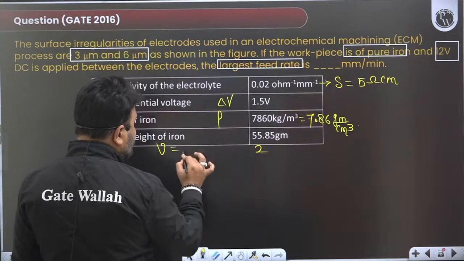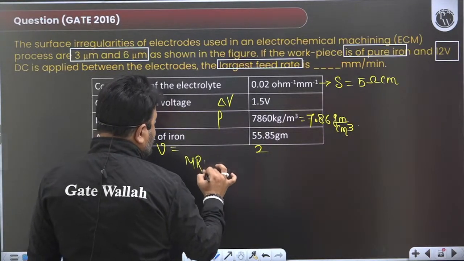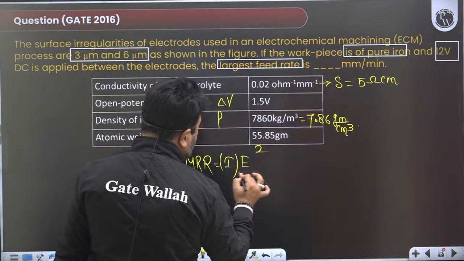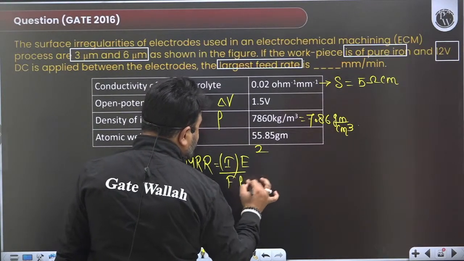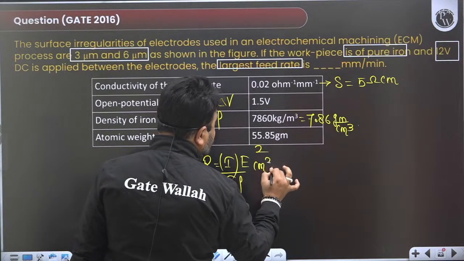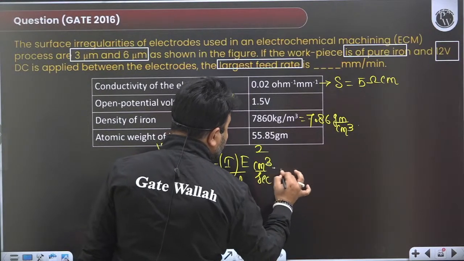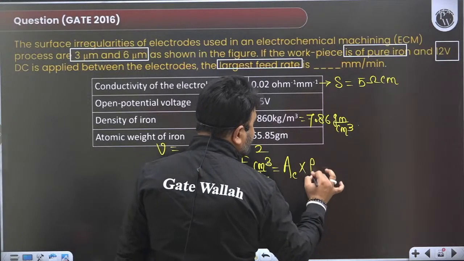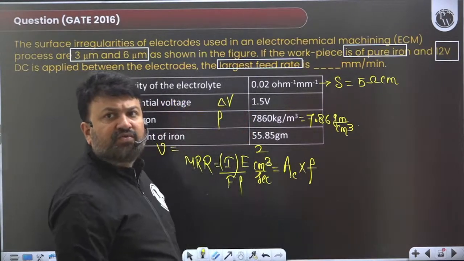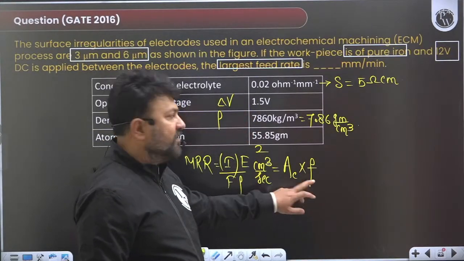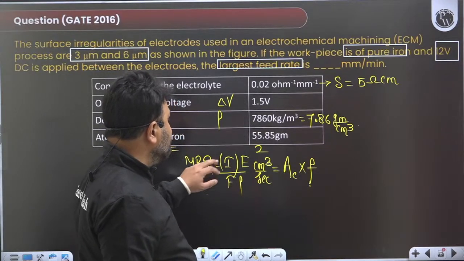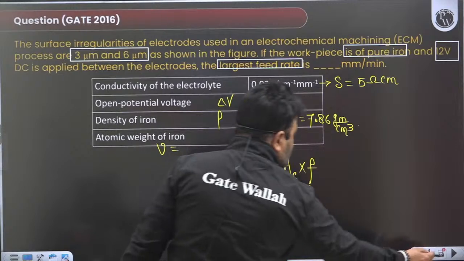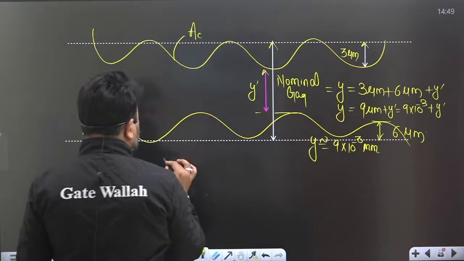We know that MRR equals I into E divided by F into rho, in centimeter cube per second, equal to cross-sectional area into feed of the electrode. So from here we can find the feed, but we don't know the MRR because we don't have the value of I. So we are going to find the value of I.